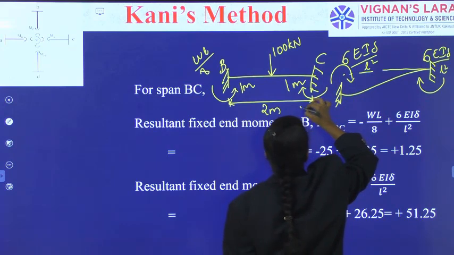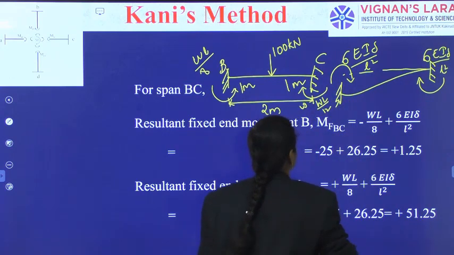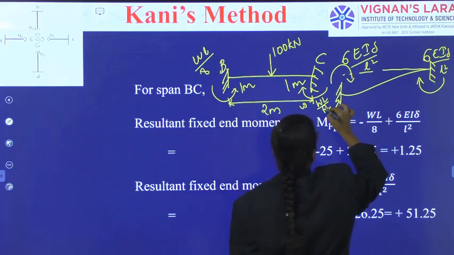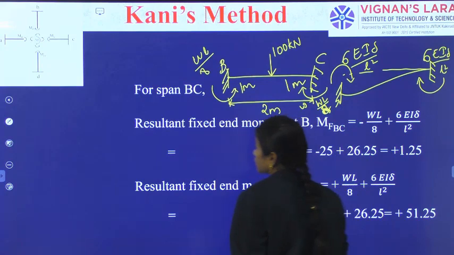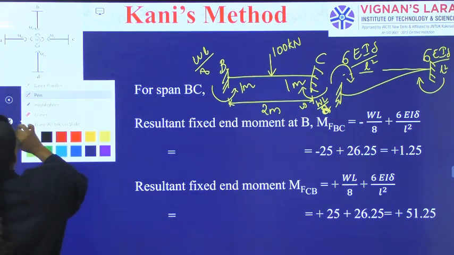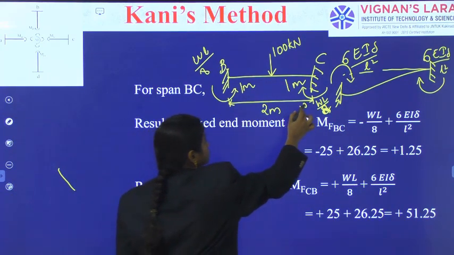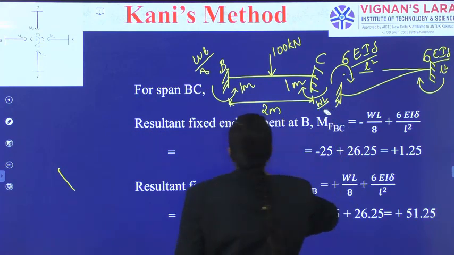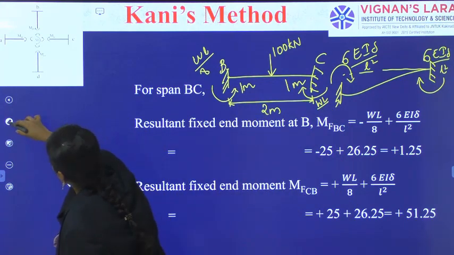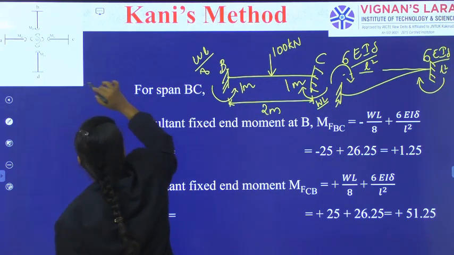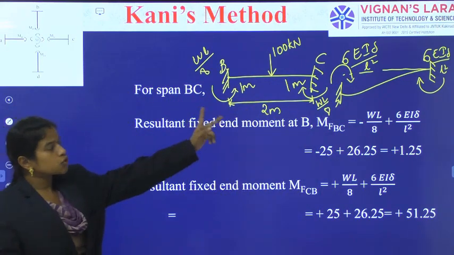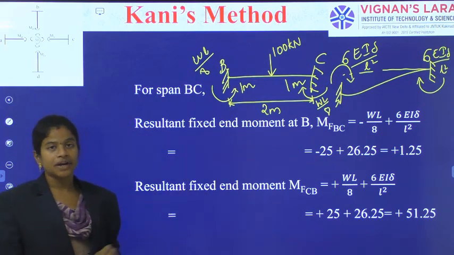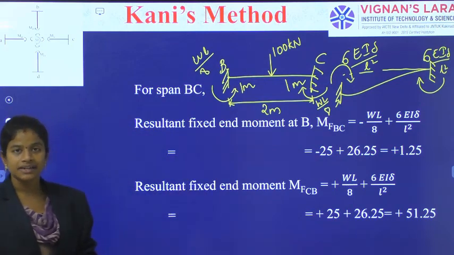Here also WL by 8. This is not UDL, right? WL by 8 due to the point load. So, those two summation in algebraic will give the final or the resultant fixed moment.